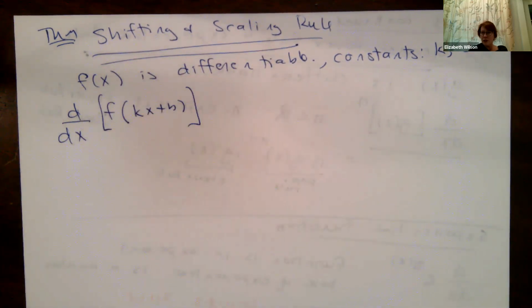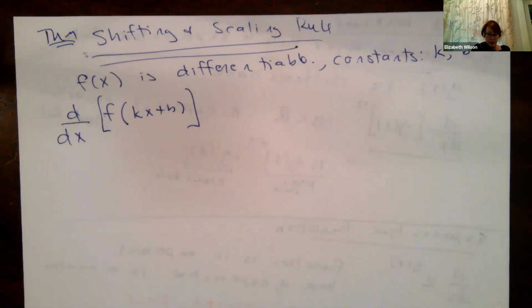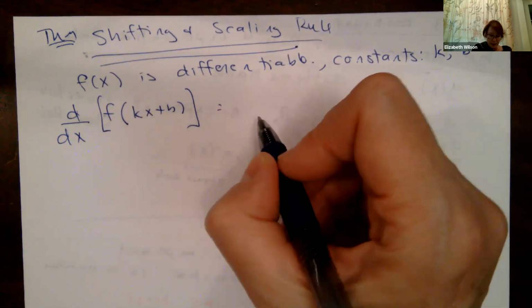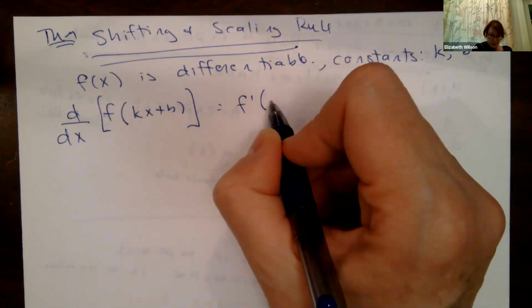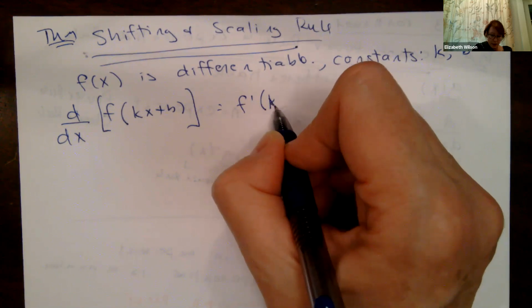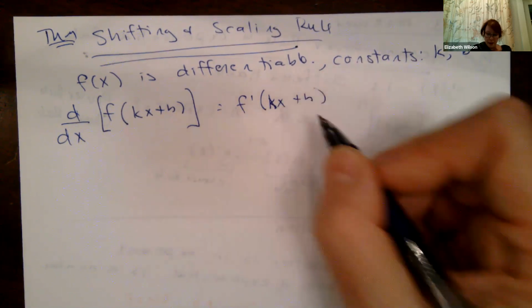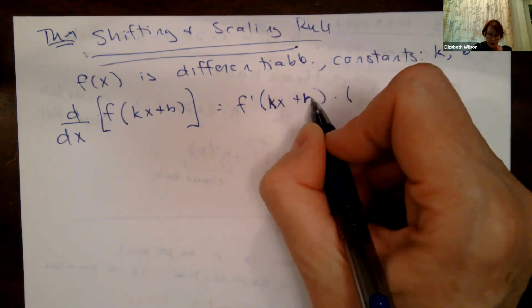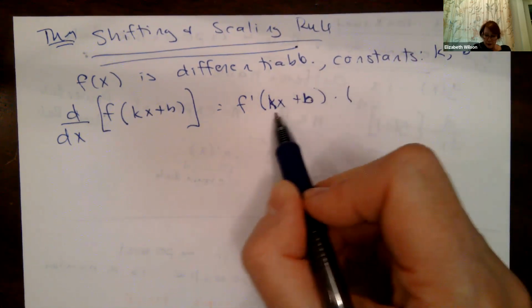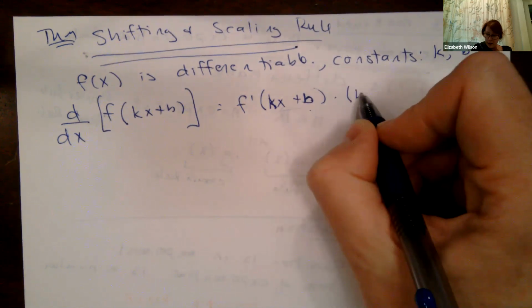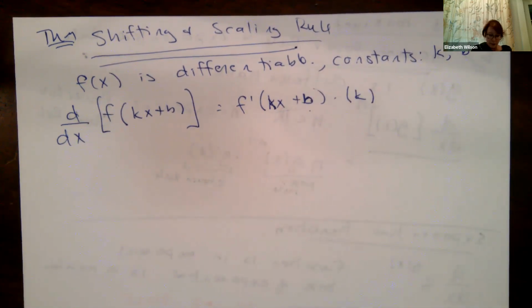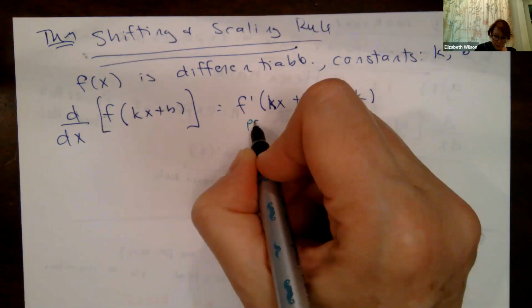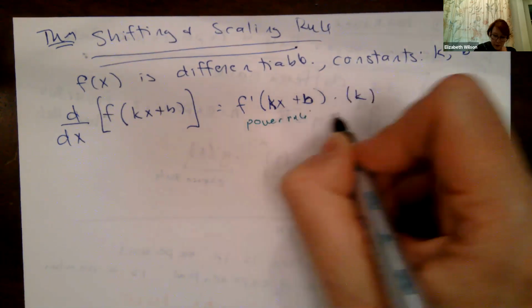We've done this already with the chain rule. Here's ax plus b. I take the derivative of the outside function, and then I do the chain rule. The derivative of the inside is just equal to a. So this is our power rule, and this is our chain rule.